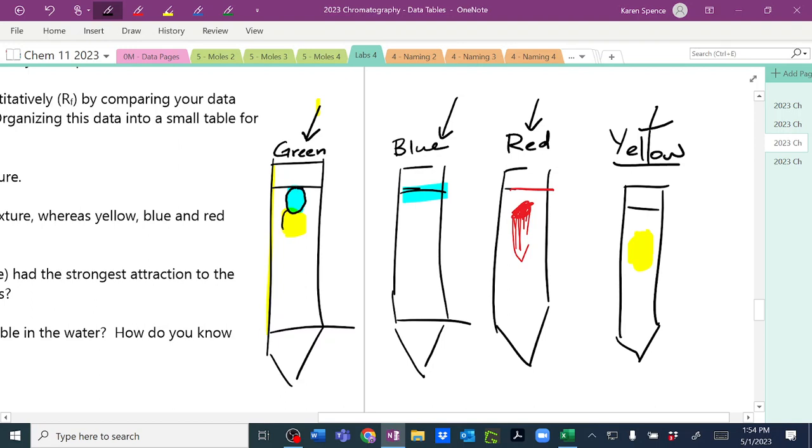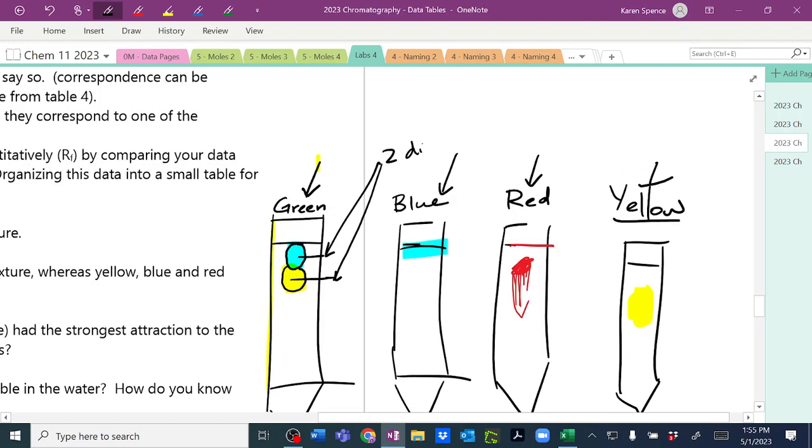You have 2 different spots with 2 different RF values. So you know you have 2 different components with 2 different sets of physical properties. Two different dyes with two different sets of properties.